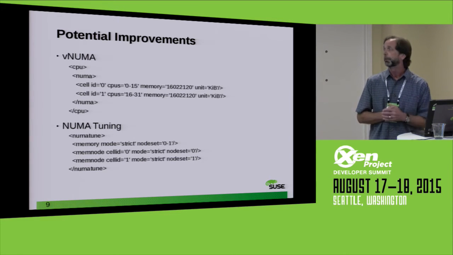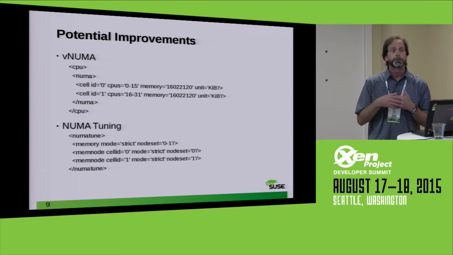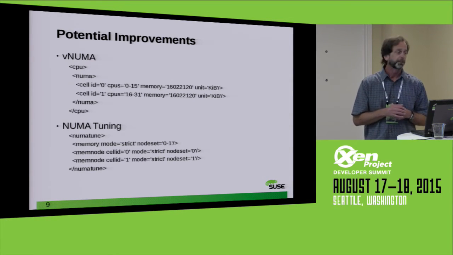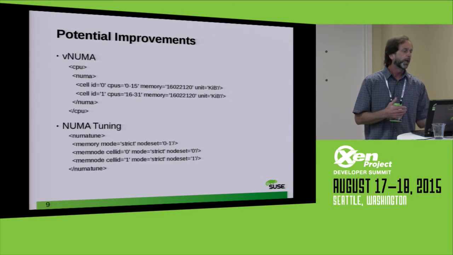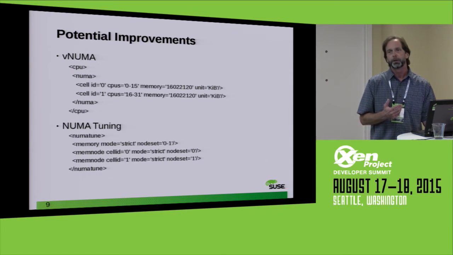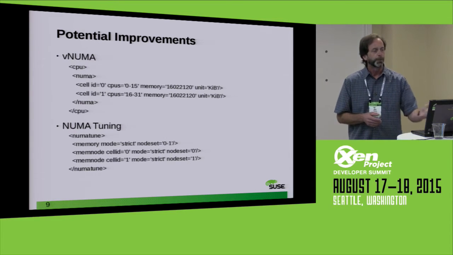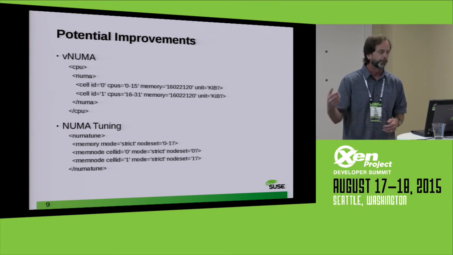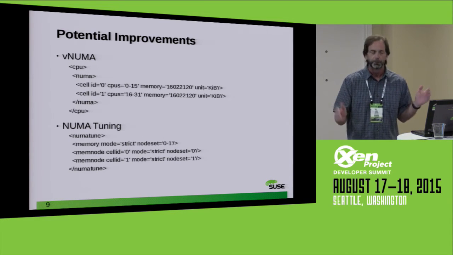But I would like to be able to support configuration like I've shown here. So, be able to specify virtual NUMA topology for the guest: cells, how many CPUs per cell, how much memory per cell, and as well, how that is backed by the host resources. So, I want all the memory for cell ID 0 to come from node set 0, and if this can't happen, fail starting the guest.